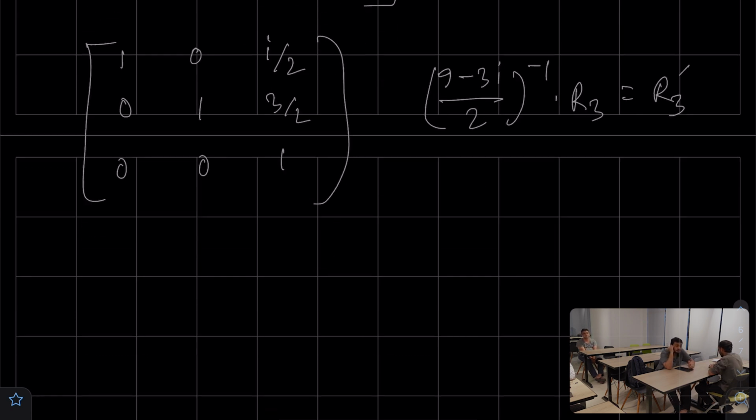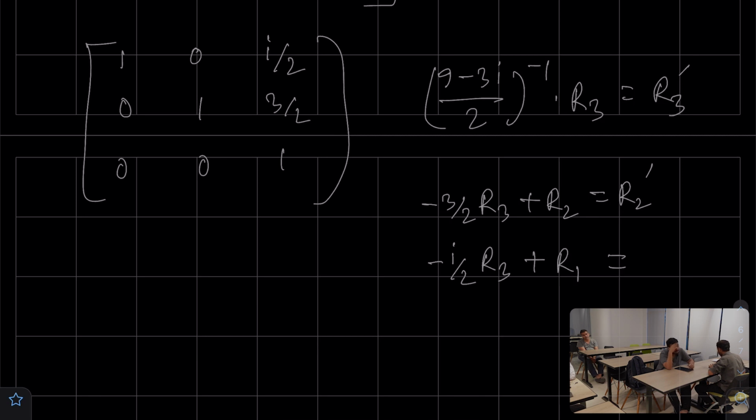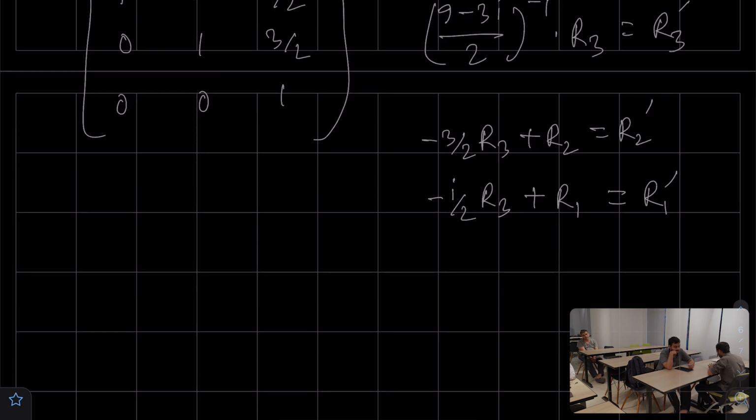Then what you are going to do, you just multiply R3 minus 3 over 2 R3 plus R2 equals R2 prime, then minus I over 2 R3 plus R1 equals R1 prime. Then this will be 1, 0, 0, 0, 1, 0, 0, 0, 1.